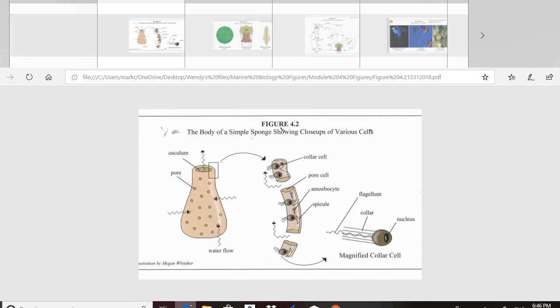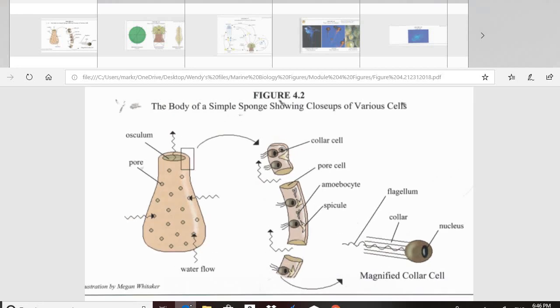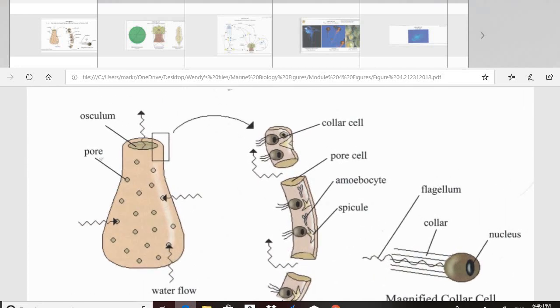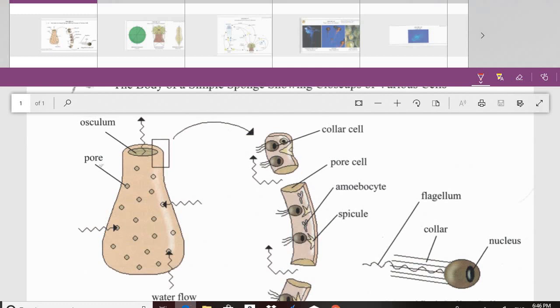Then this figure shows some of the primary structures that we are going to pay attention to that are part of a sponge.